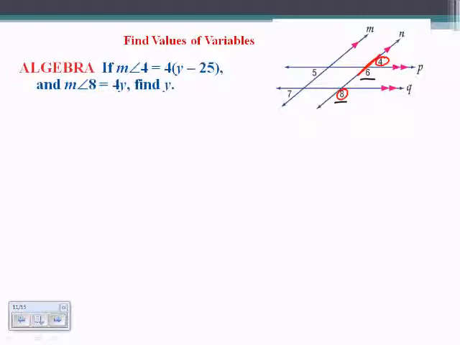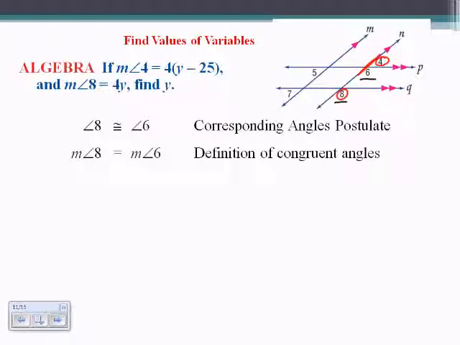So we know by corresponding angles that angle 8 and angle 6 are congruent, so we can say that angle 8 is angle 6, then we can set those two expressions equal to 180 and then solve. So 8 and 6, as it states, are congruent because of the corresponding angle postulate. If they're congruent, then they're equal. If they're equal, I can use the values that they have that are equal to each other.